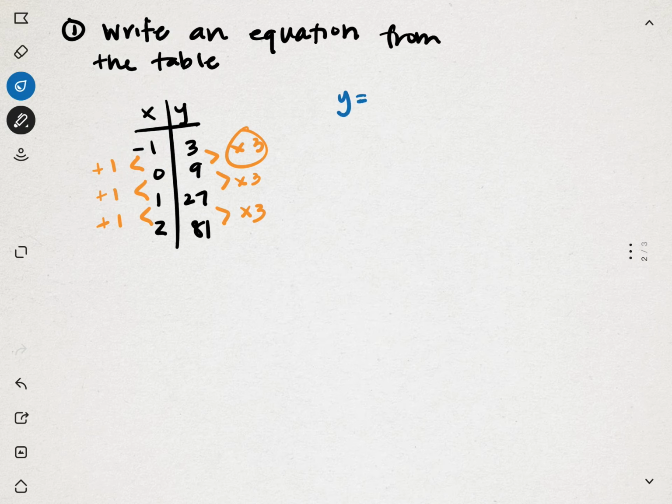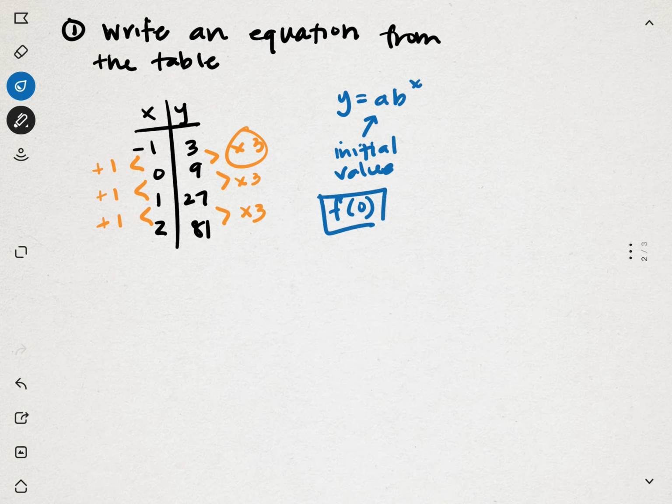So let's rewrite this. Y equals a b to the x. Again, the a is the initial value. Now be very careful, because the initial value, another way to look at the initial value is the f of 0. Meaning, at 0 for my x, what is my value for y?